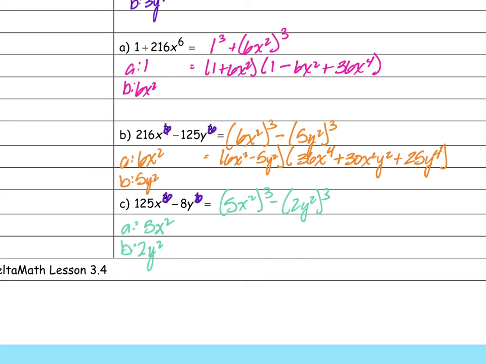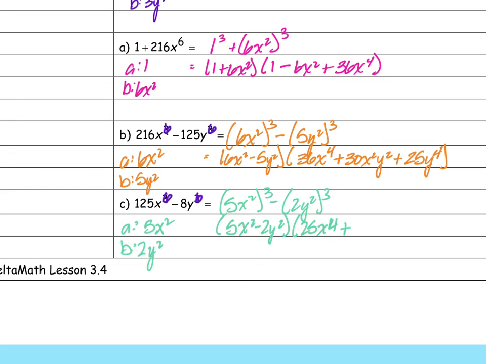Okay. So this becomes, oh, it's a minus. So 5x squared minus 2y squared. And then I've got A squared, which is 25x to the fourth power.